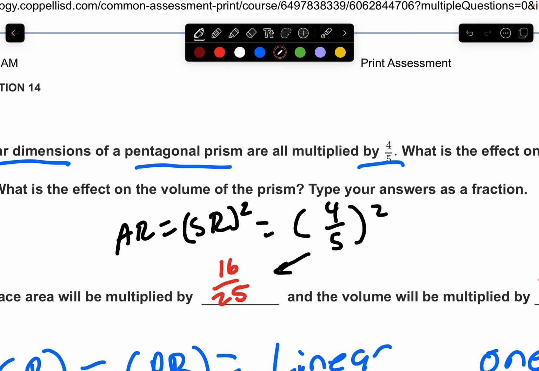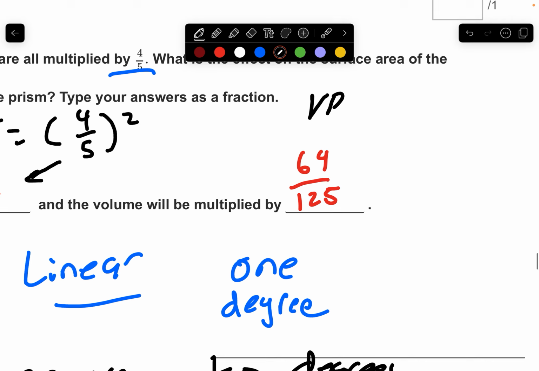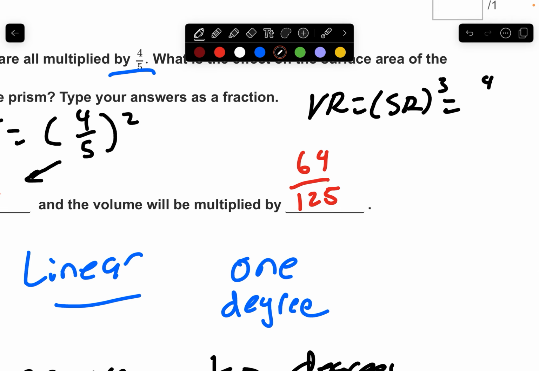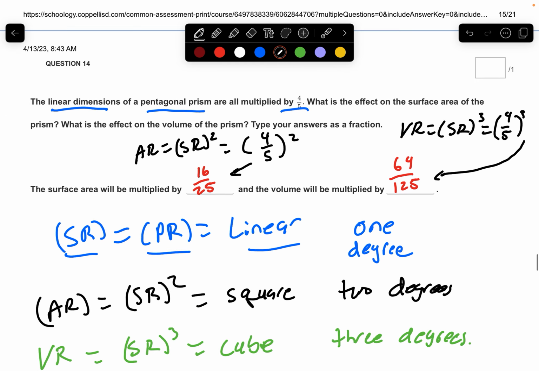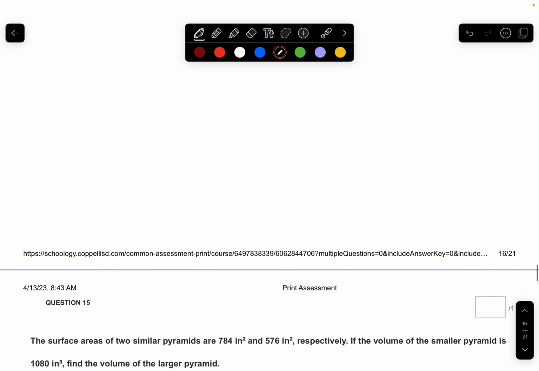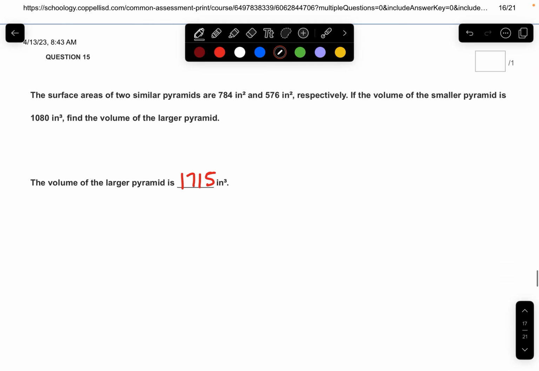The volume ratio equals the similarity ratio cubed, which would be 4/5 cubed. Perfect. So that's all they're asking: what would you multiply by? You've got to remember these rules. It's going to affect us big time on the next problem.